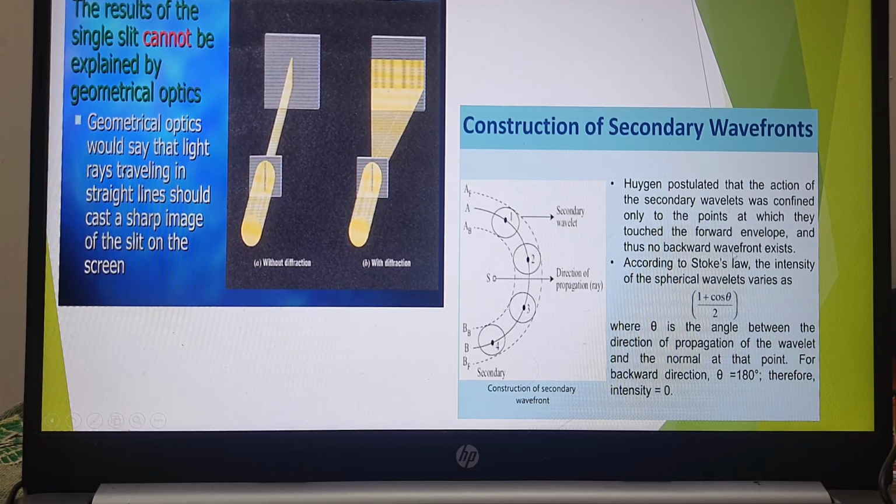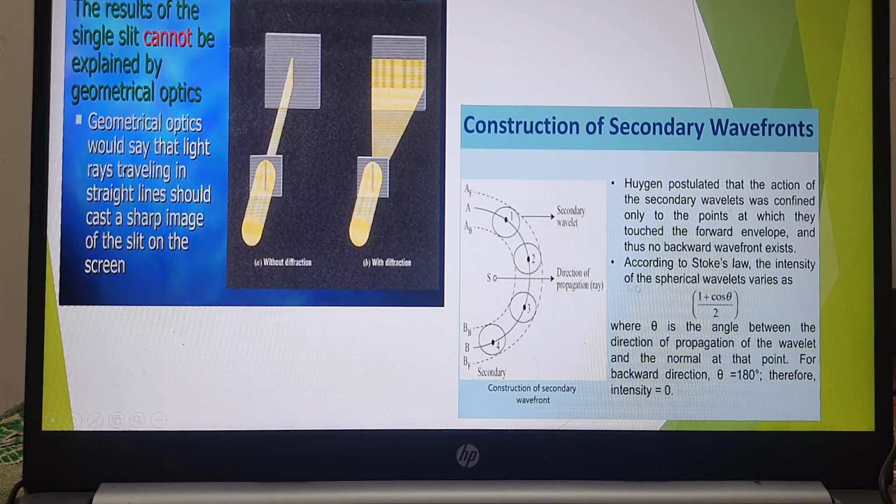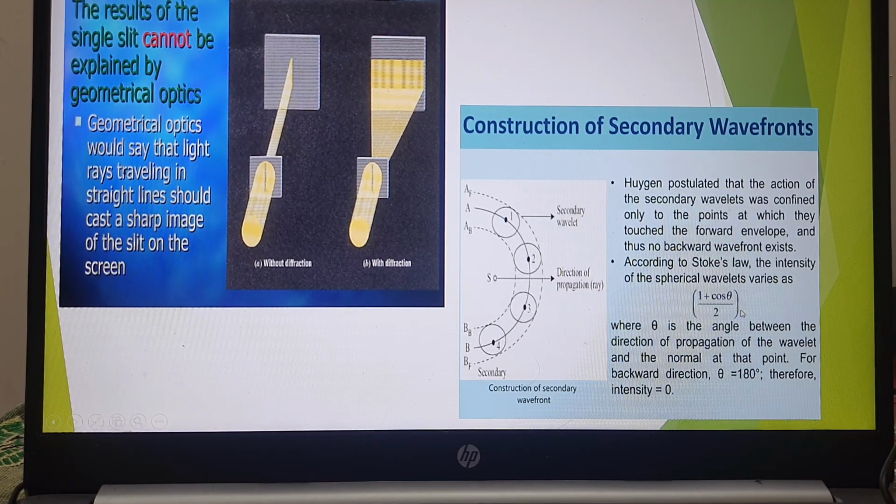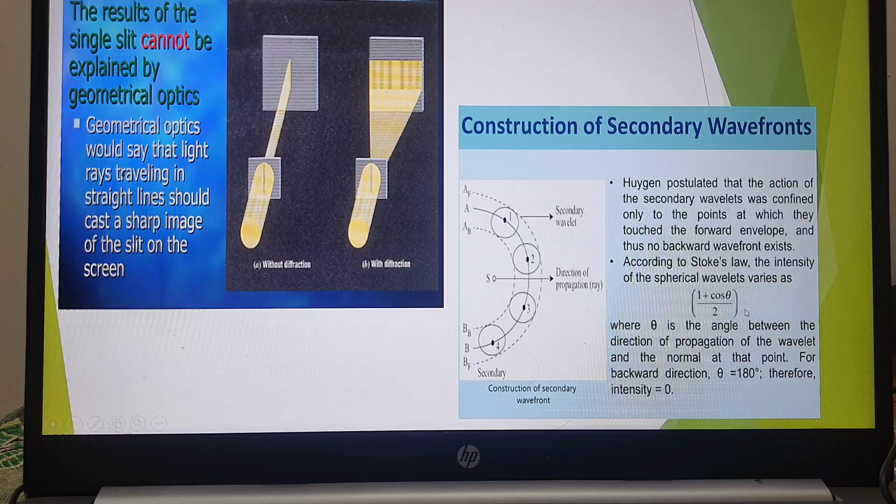According to Stokes' law, the intensity of spherical wavelets varies as (1 + cos theta)/2, where theta is the angle between the direction of propagation of the wavelet and the normal at the point.